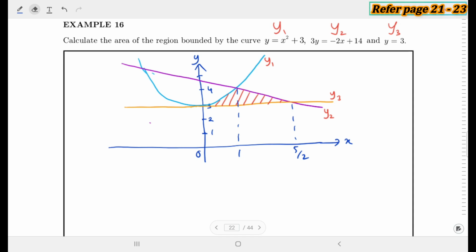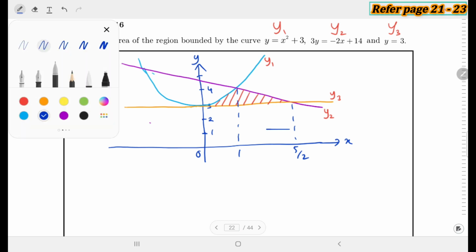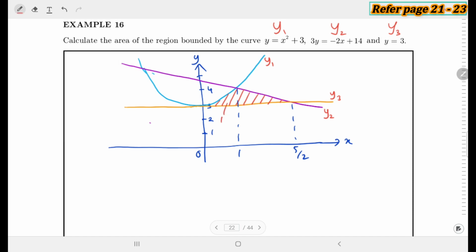Now let's begin to find the area. Okay, let's restart. This is the sketch that we have now. We are going to find the area. When we look at this region, I have to split it up into two parts: here is part A and here is part B. Why should I split this into two parts?